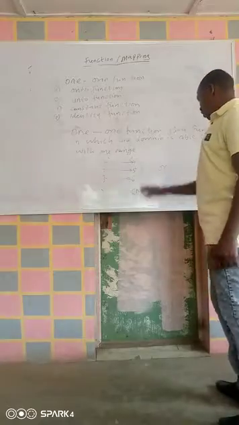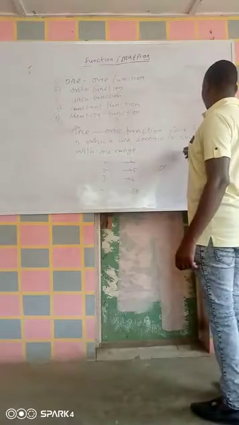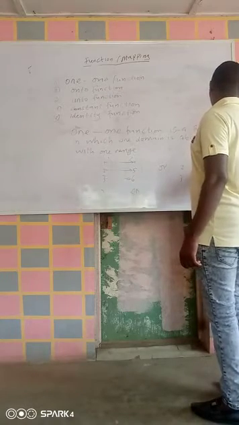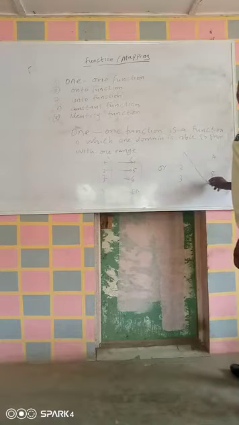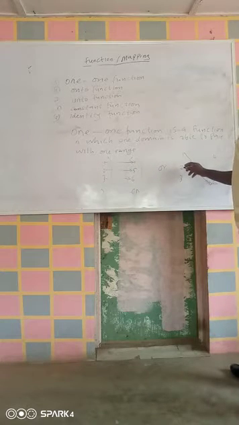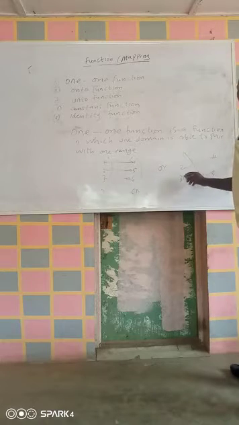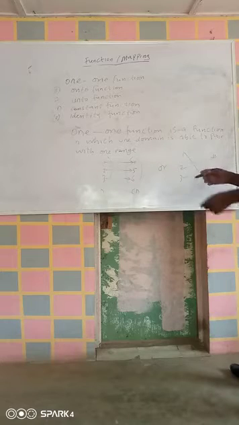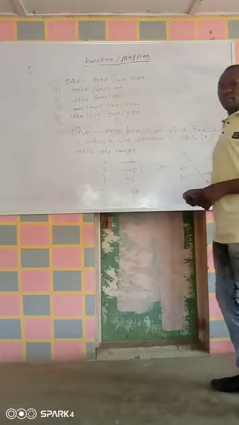So we can have 1, 2, 3 and 4, 5, 6 where 1 pairs with 6, 2 pairs with 4, and 3 pairs with 5. It's just that each is able to pair with another.